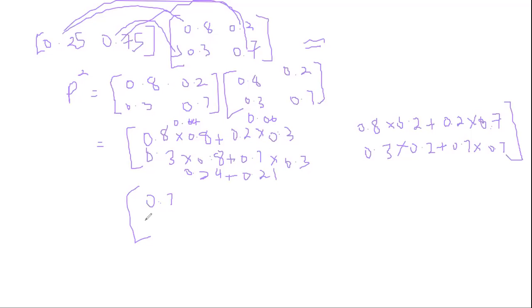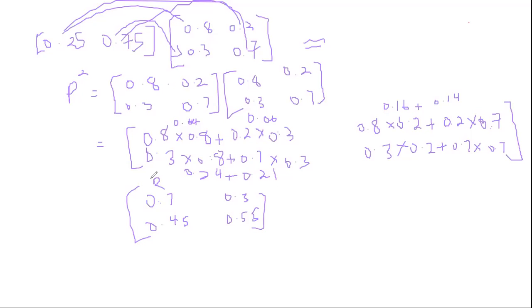So that should give us 0.45. Then the next one will be 0.16 plus 0.14. So when we add that, it will be 0.3. Okay, and of course, we know this will be 0.55.